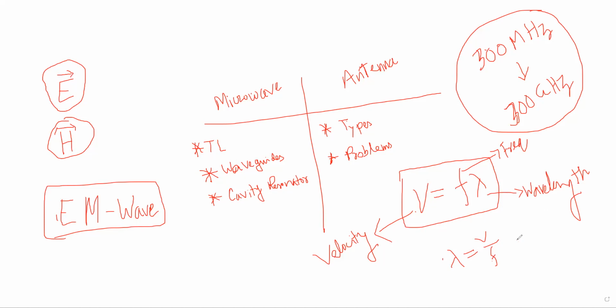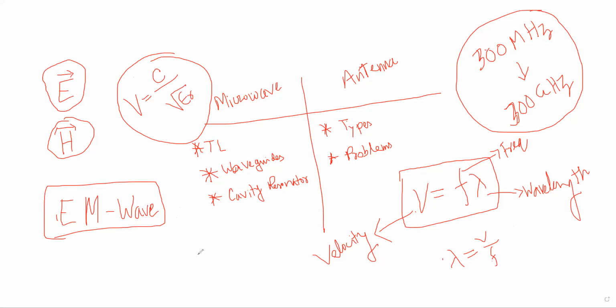So what is actually V? V is C over square root of epsilon r. New formula for you guys. What is V?